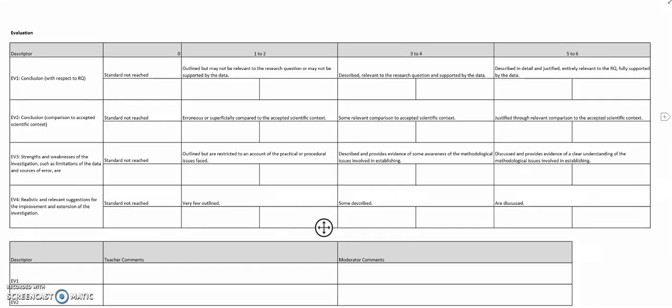So that's what it means by relevant suggestions for extension. For improvement, we say how we fix the things in the method that need fixing, so the reasons we have large percentage uncertainties, or the methodological things that are wrong with the physics behind the experiment, and we say what we could do to extend it.